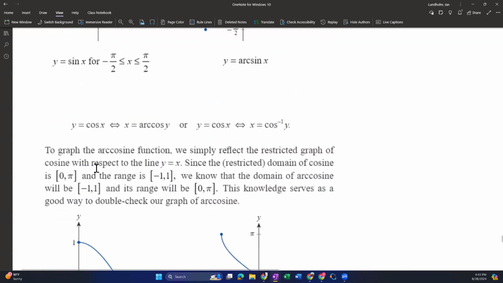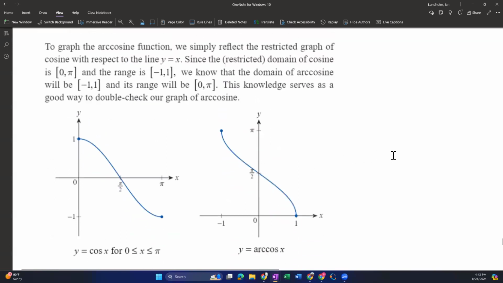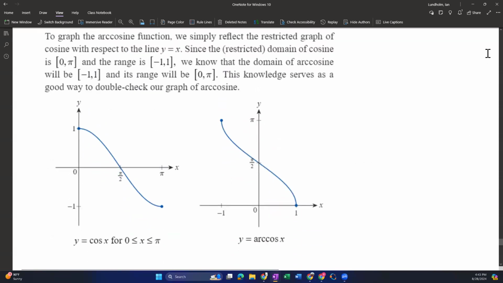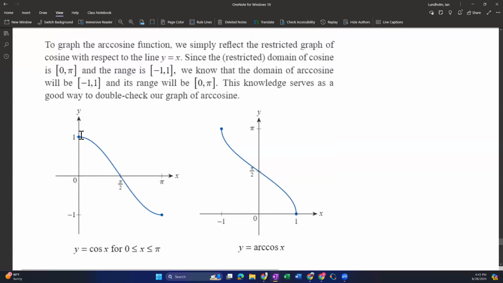If we go down, here is cosine and arc cosine. Notice that for a cosine graph, since it's an even function and symmetric about the y-axis, we start off here up at the top of the function when x is equal to 0, and we can go through all of the y values of the function as we go till pi in the x value.